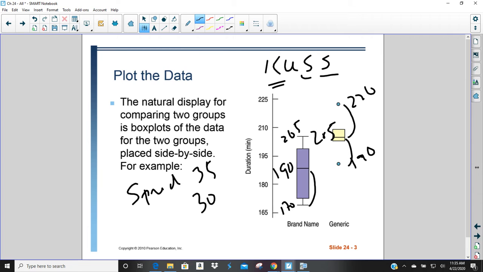So we would talk about skewing, but what we can't talk about is unimodal. When we're dealing with box plots, we cannot talk about it being unimodal. So don't ever talk about the modes when we're talking about box plots unless you have the data and can also talk about it.